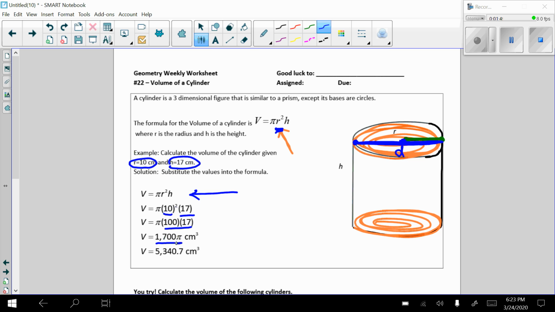So the exact volume of this cylinder is 1700 pi centimeters cubed. But in real life, we usually need to approximate this value. So you can either put in 3.14 for pi, or you can do 1700 times the pi key on your calculator, and you should get an answer pretty close to that.